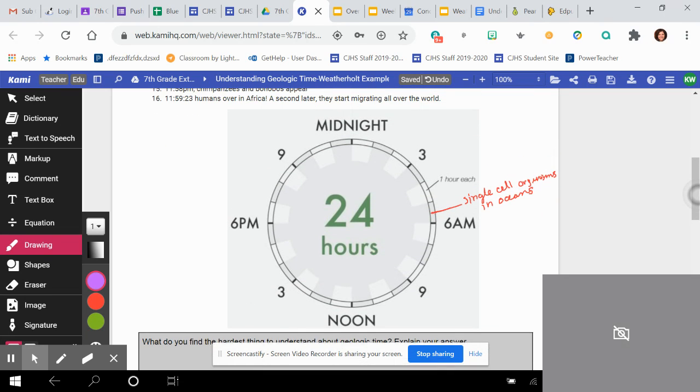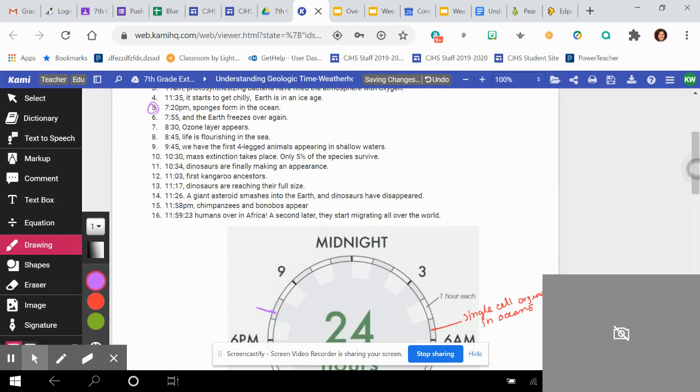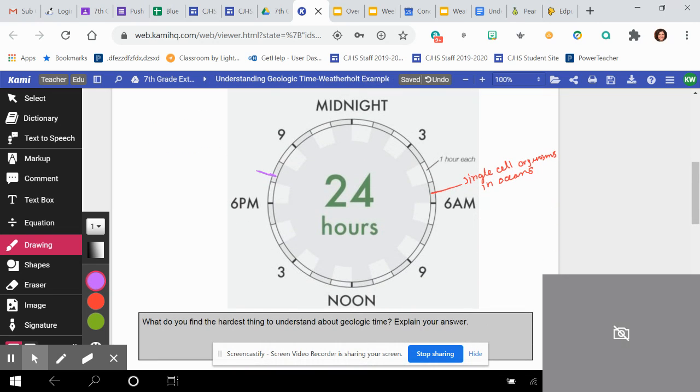And so here's 6 p.m. This is 7 p.m. We know halfway between would be 7:30. So 7:20 is about a third of the way. So I would mark 7:20 about right here and draw this out. And it says sponges form in the ocean.